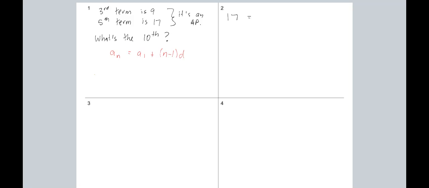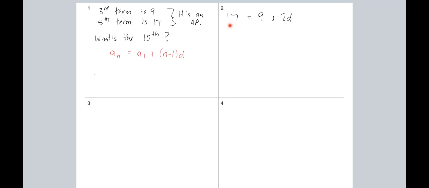So if we treat the third term as if it were the first, so we put it where A1 would be, and say, I need to add 2D to this, so D, and then another D, in order to get to 17, then I can now solve for D. Does that make sense? It's basically the same logic as I did with the geometric progression last lesson. To make it really clear, and that's all you need to do.